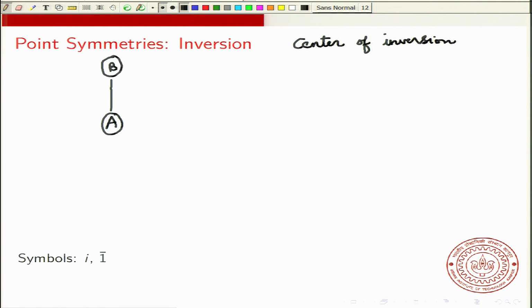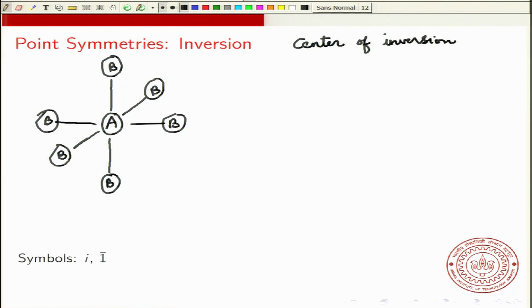Okay, and I have B, this is actually coming out of the paper, and so maybe I will just show this using dots just to show that it is going inside the paper and that this is coming outside. So, this B is coming out of the screen of the paper.